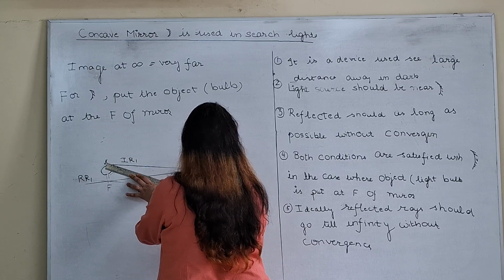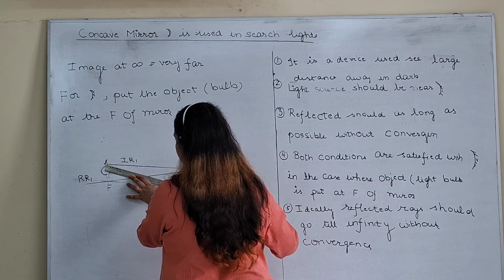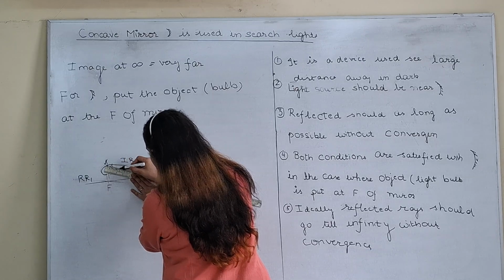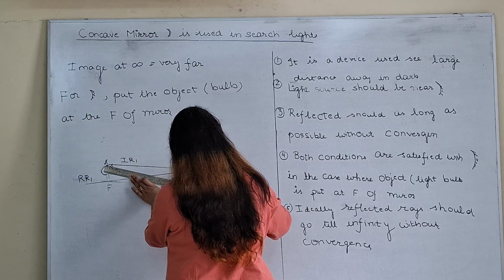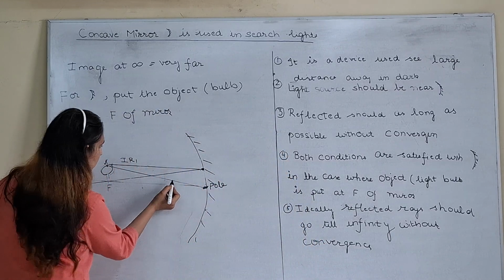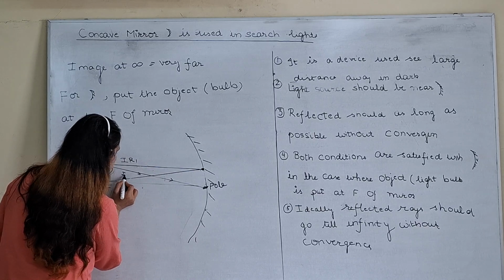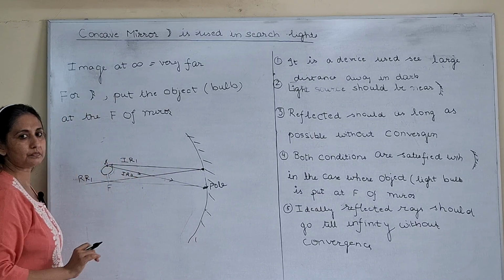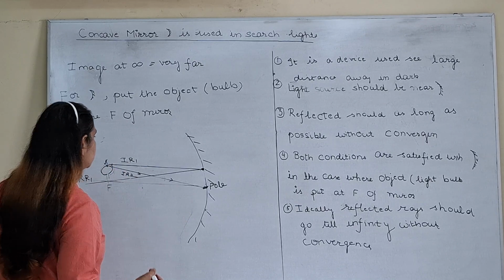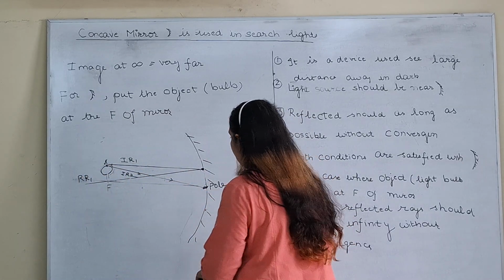Where is the pole? This is the pole. So we send one incident ray from the bulb to the pole. ये वाली रे जो है, ये है incident ray 2. This one, टेढ़ी वाली line. And when you hit the pole, it is reflected back by the same angle.